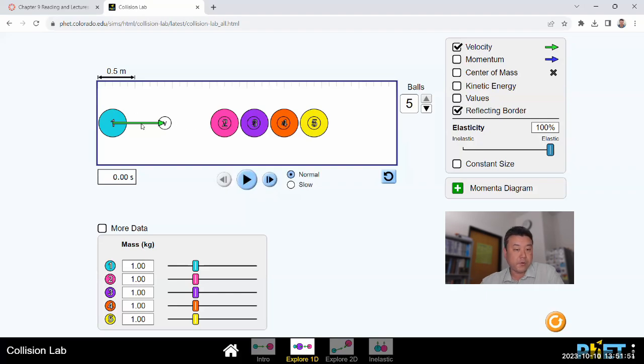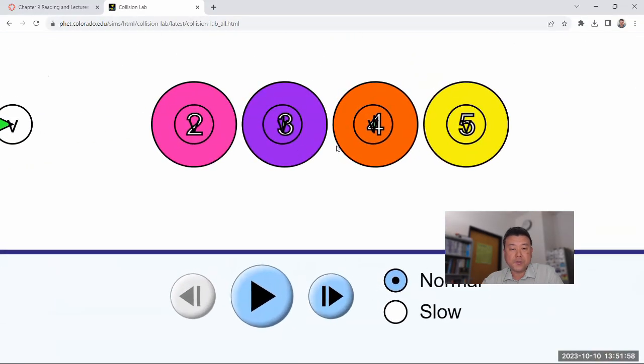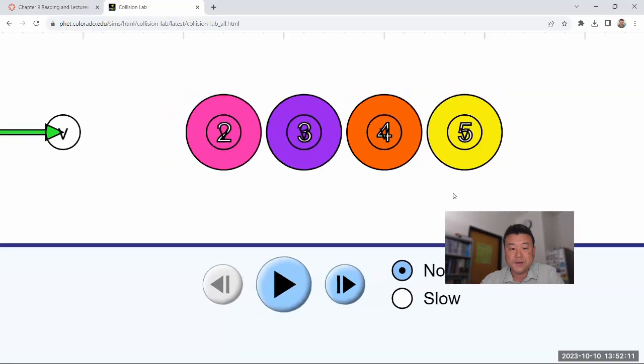So I can have one ball coming with some speed, hit these 4 balls at rest. And I have a little bit of a gap between the balls. I think that's going to be fine. Let me just make sure they all have exactly 0 velocity. If they don't, that could mess things up. Yeah, they all have exactly 0 velocity.